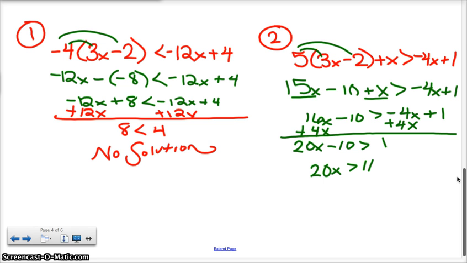Did my x disappear? No. I had 2 students ask me, is this a no solutioner? This is exactly when kids think it is because it's ugly, but it's okay. The variable is still there. So you say x is bigger than 11/20ths. You got a one solution answer, right?